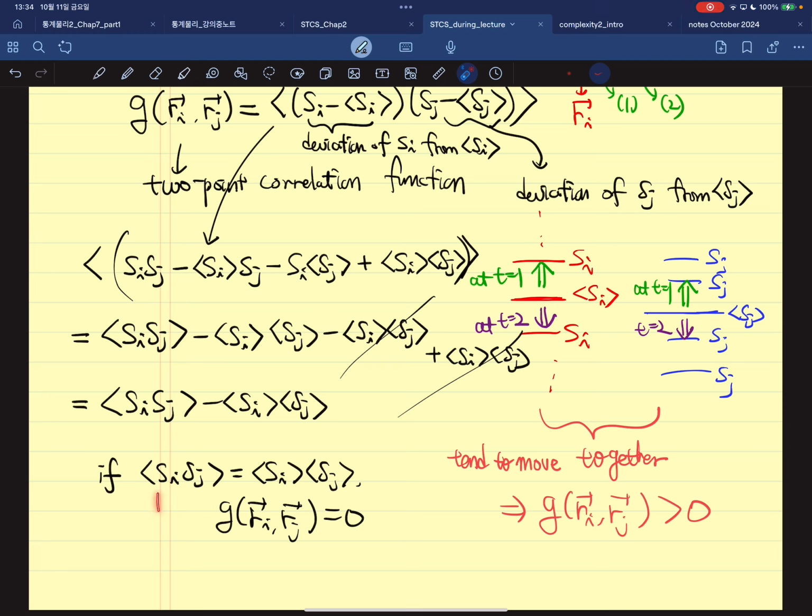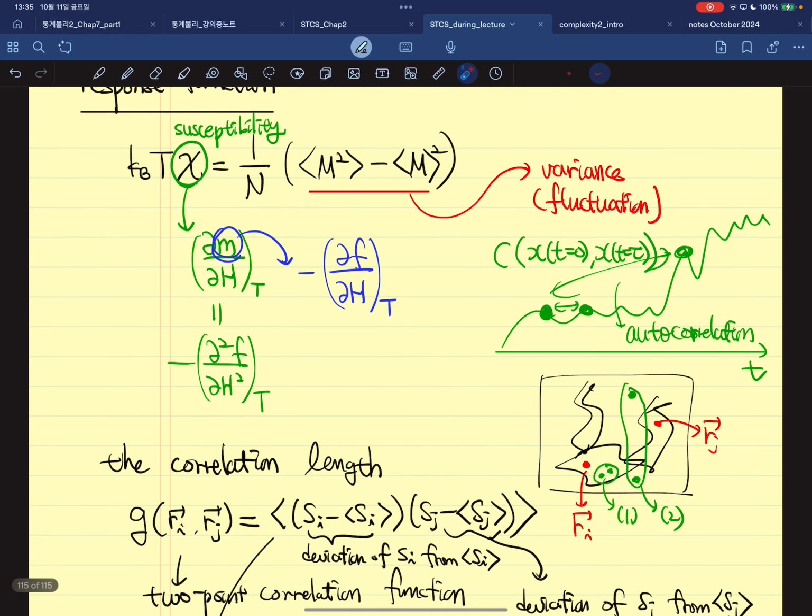And it's intuitively understandable, because this formula means that the average of the products is the same as the product of the averages. It's the typical intuitive notion of an uncorrelated variable, the property of uncorrelated variables. So it totally makes sense.